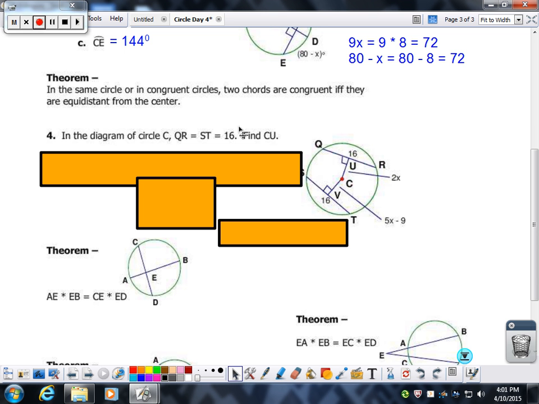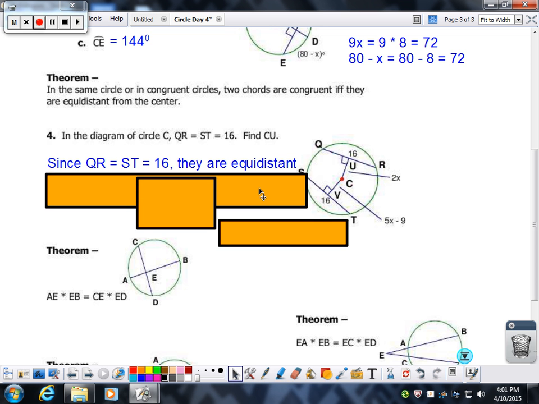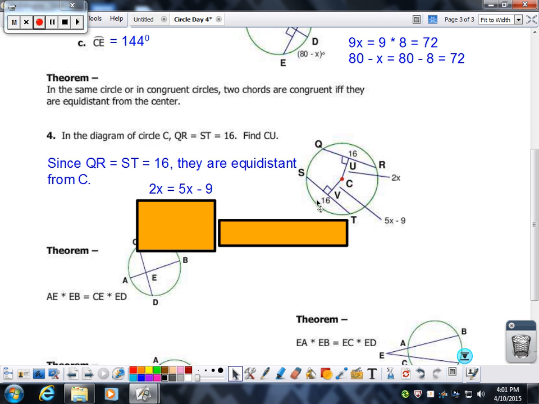Well, again, I know if they're congruent, they must be the same distance from the center. And since ST is 16 and QR is 16, they are congruent, so that means that CU, which is the distance from C to QR, and CV, which is the distance from C to ST, must be the same, or they're equidistant from point C. So I could say that 2x is equal to 5x minus 9.